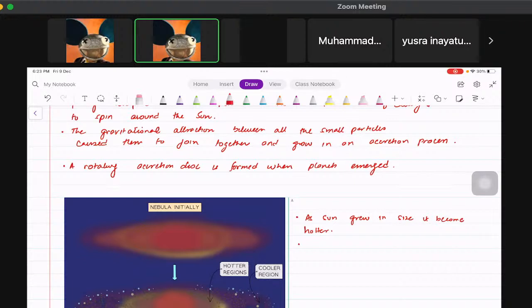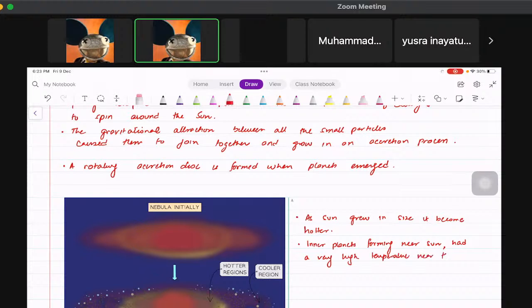So, the inner planets forming near the sun had a very high temperature near them.